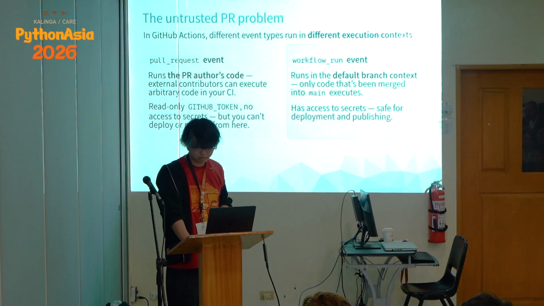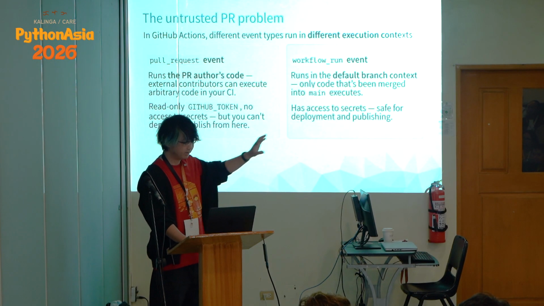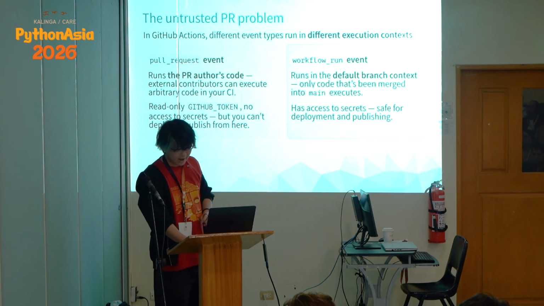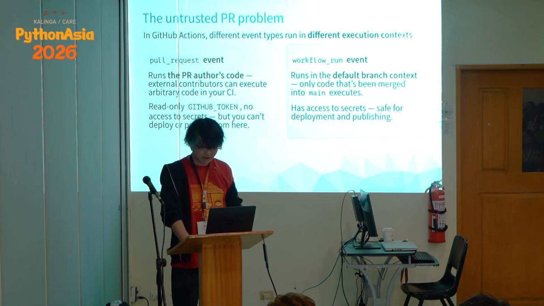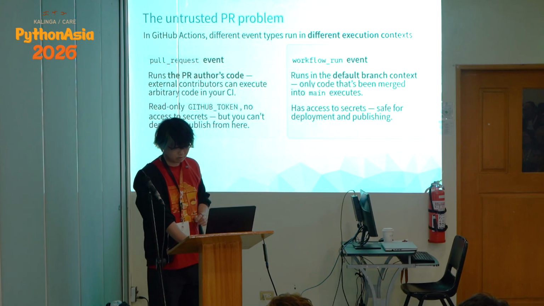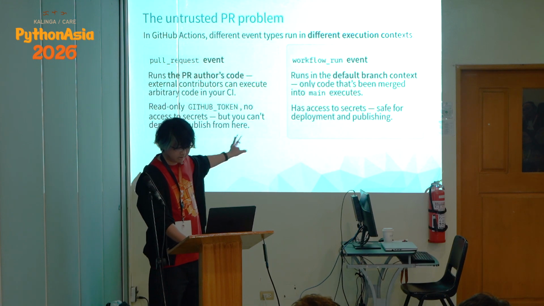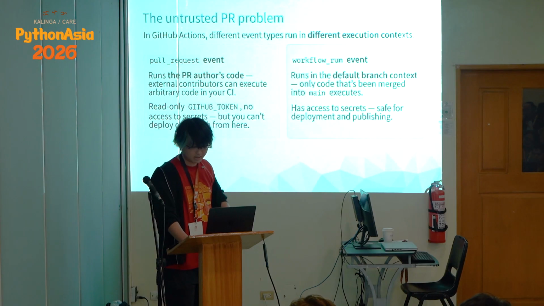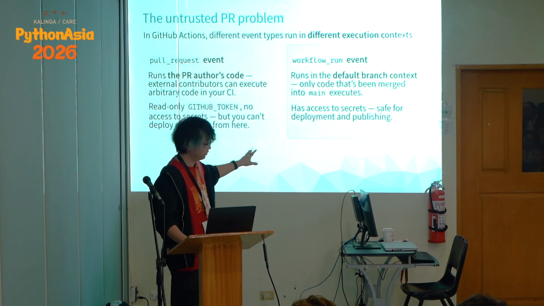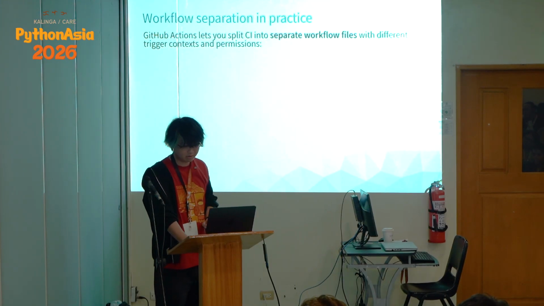On the other hand, the workflow run event, which is triggered by the completion of other workflow runs, runs in the default branch context, where only merged code runs, so it gets full access to secrets. So the principle is very simple. Tests should run on the pull request event, and others, including deployment, should be done in the workflow run context. So here's how we split into 3 files.